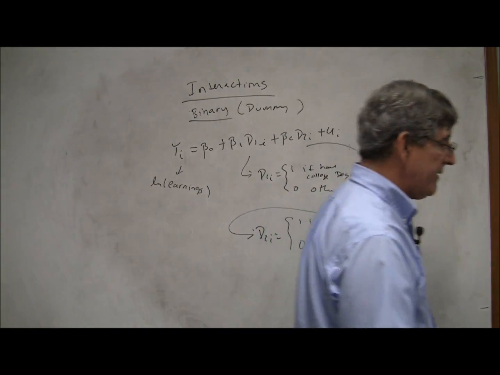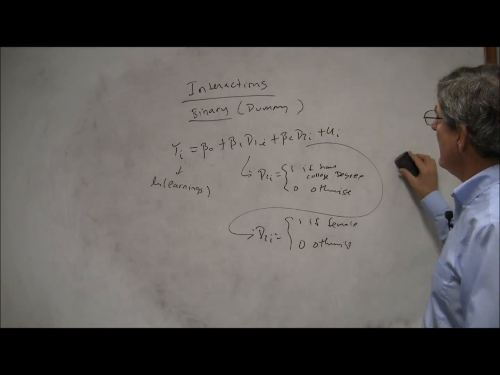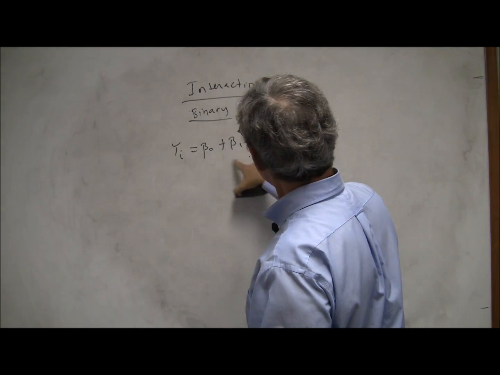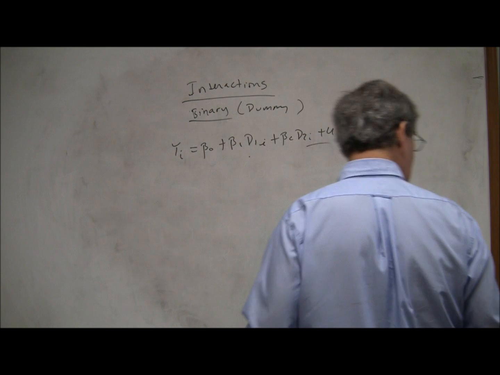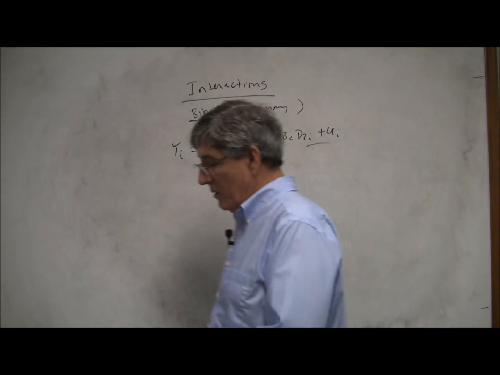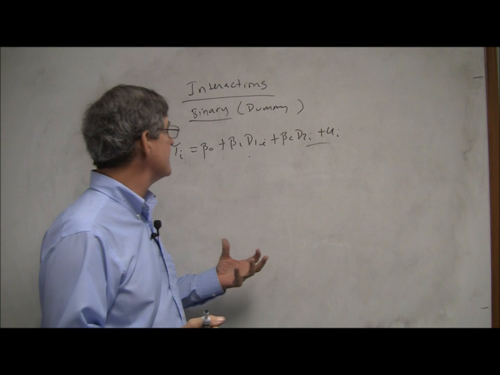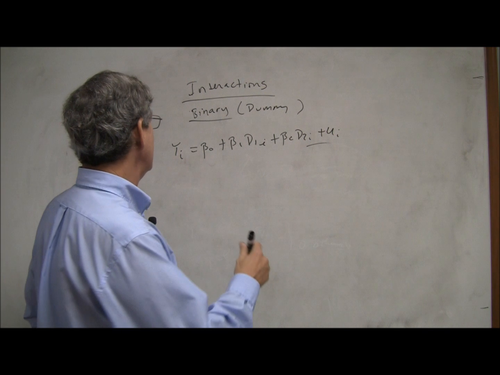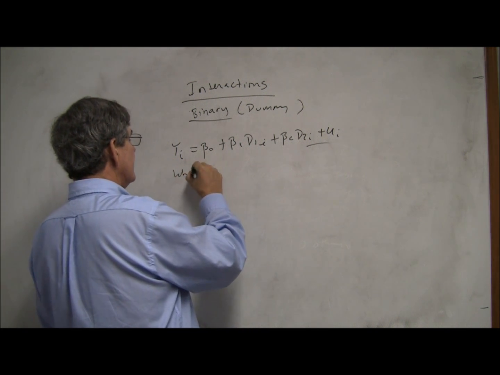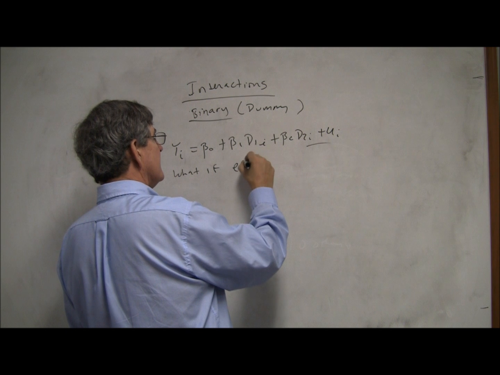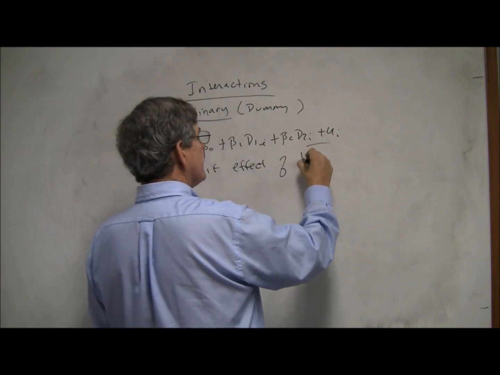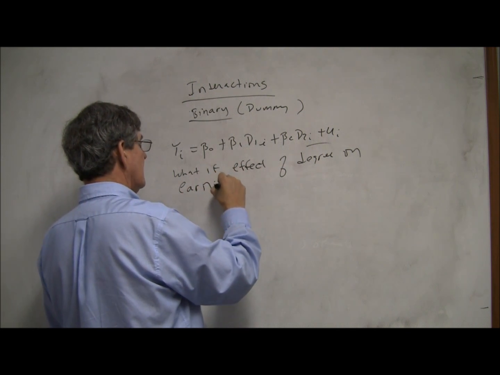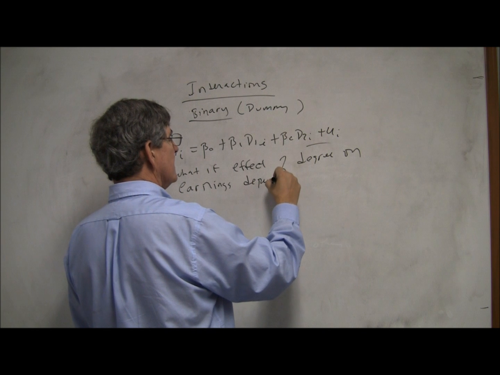We don't have any interactions yet, but suppose that the effect of a degree on earnings depends upon whether you're a male or a female. And so the effect of a degree is different depending upon whether you're male or female. Well, this model doesn't have that effect in it. So what if the effect of degree on earnings depends upon gender?